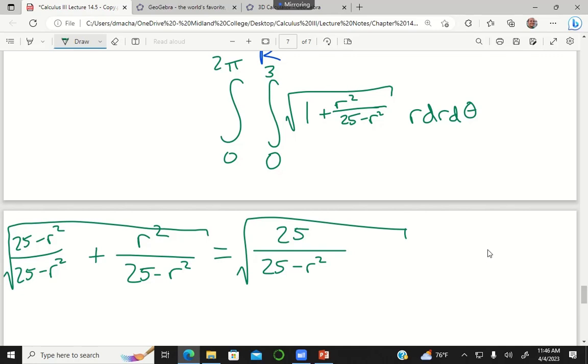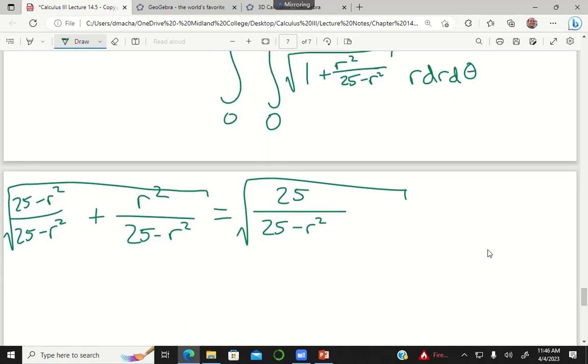Do I want to do that? Let me think. Yeah, I guess so. This is equal to the same thing as 5 square root of 1 over 1 minus r divided by 5, all squared. I can't tell if that's helpful or not. We'll see.